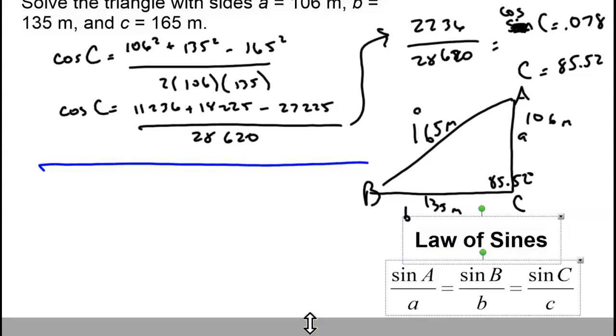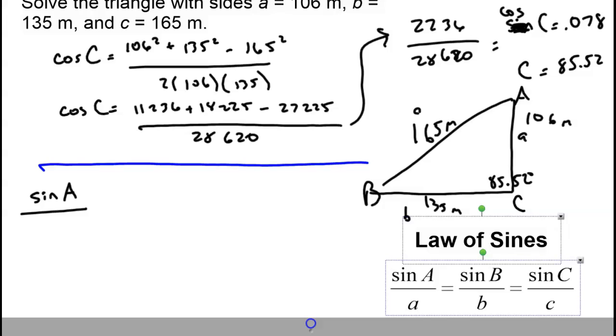So we'll go ahead, and since we already know the angle opposite of side C, let's find sine A. So sine A, I'm going to put that on top because that's what I'm looking for. Keep that in the numerator.